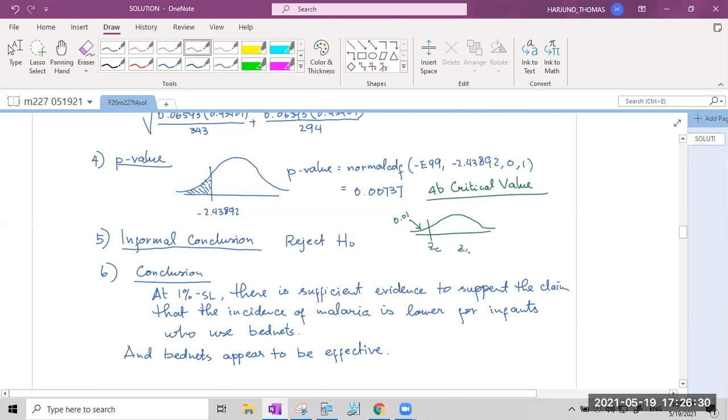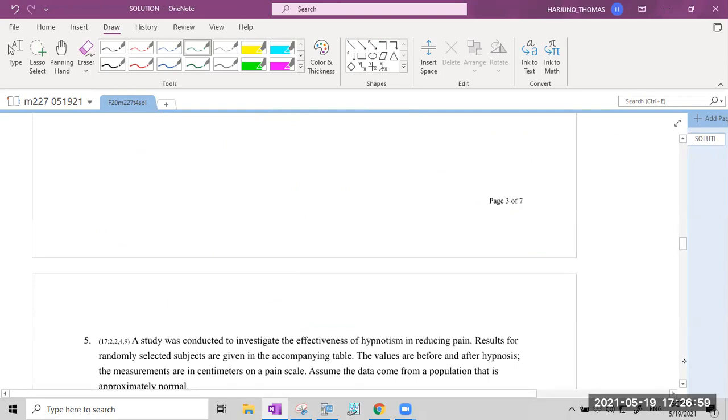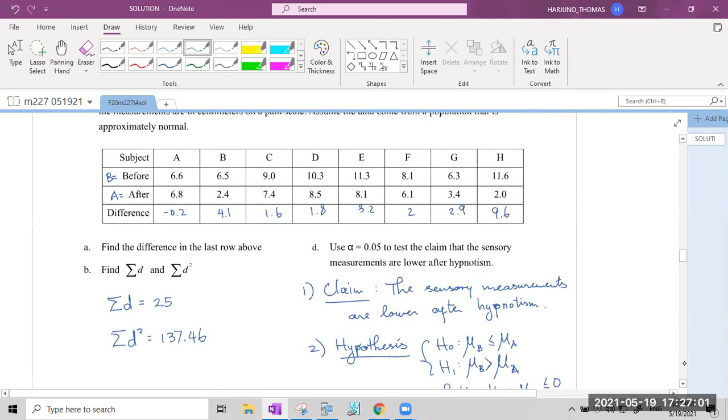So the critical value equals inverse norm of 0.01. I think that's negative 2.32 something, 2.32635. Now that's for question number 4.